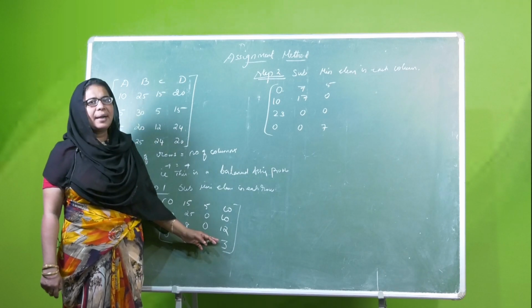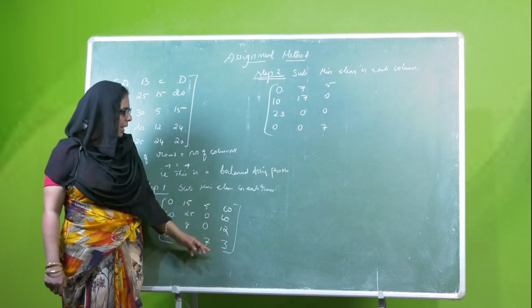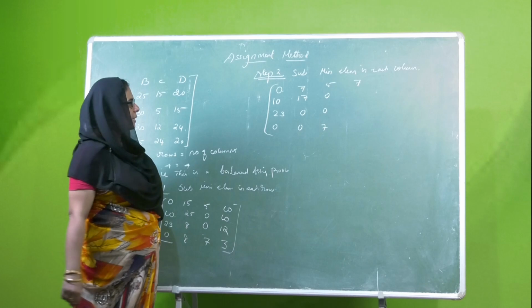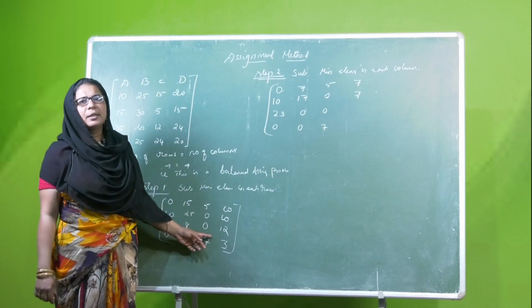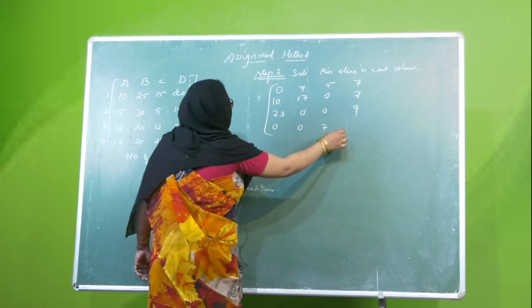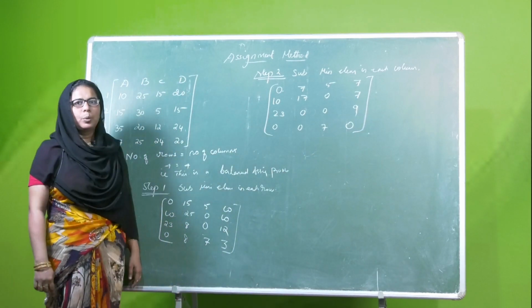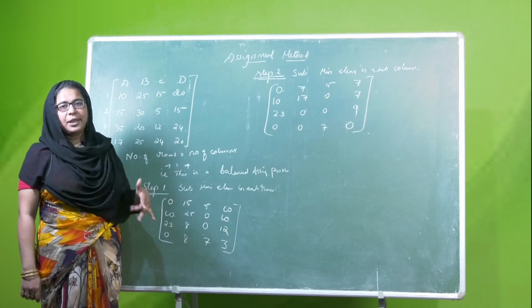So, we subtract 3 from all the elements, including itself. So, 10 minus 3, 7, 10 minus 3, 7, 12 minus 3, 9 and 3 minus 3, 0.